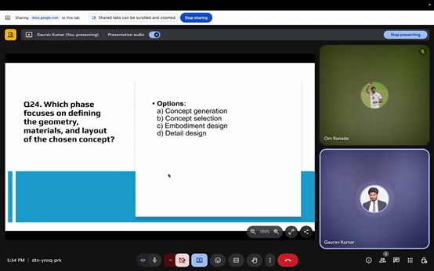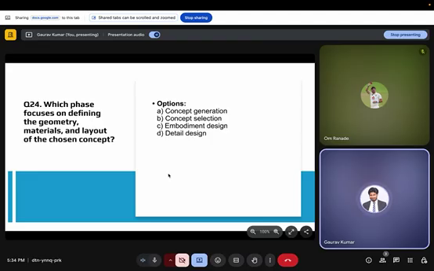So embodiment design establishes the concrete physical configuration of the selected concept, and it specifies the geometry, material selections, tolerances and assembly layout to translate the evaluated idea into an engineering-ready form. This phase synthesizes the analytical, ergonomic and manufacturing considerations.